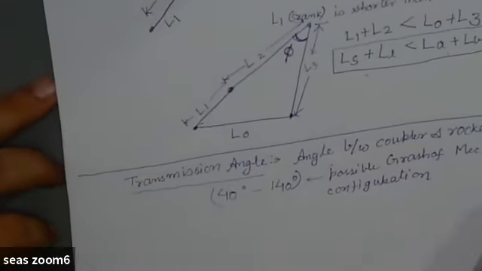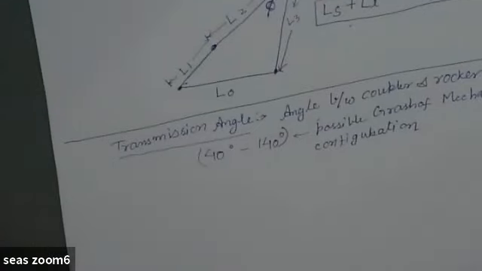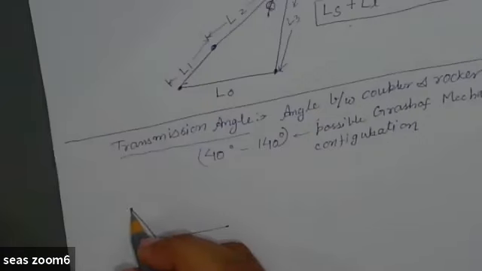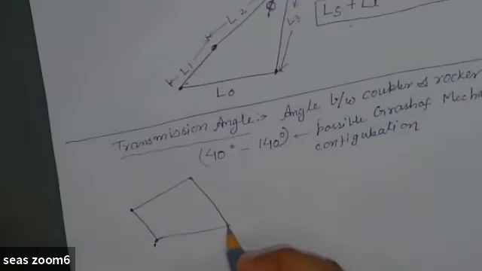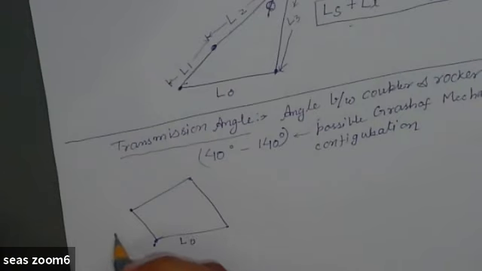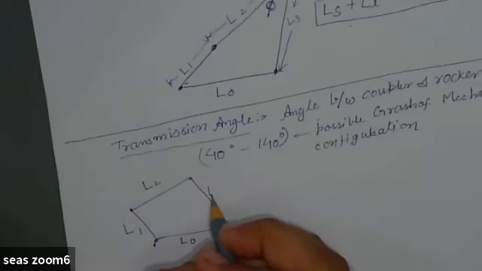If we try to determine a mathematical expression for this phi, then let's say here is a mechanism. This is link 1, this is link 2, this is link 3. So let's say this is L0, this is L1, this is L2, and this is L3.